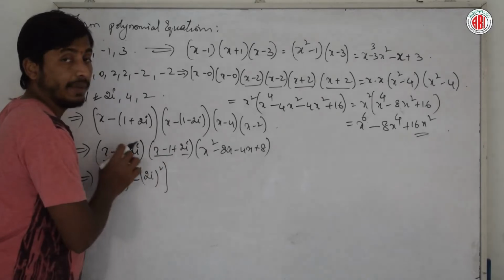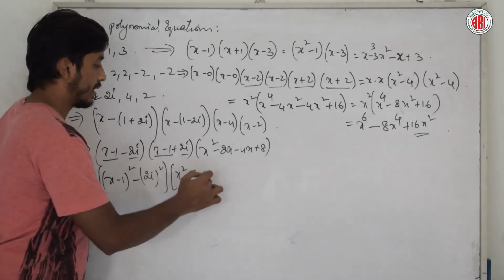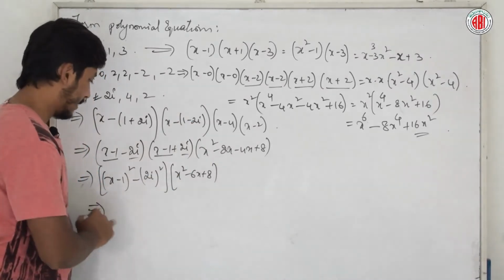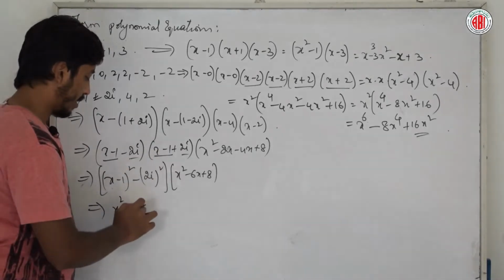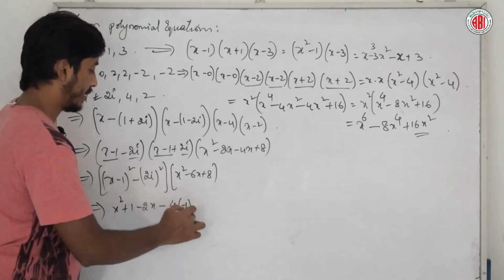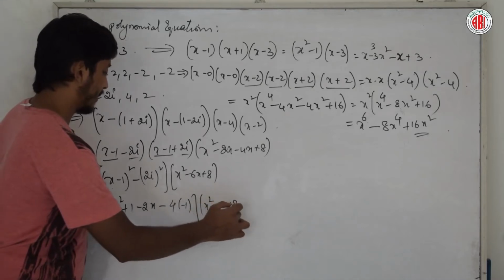Is it? A minus b into a plus b into x square minus 6x plus 8. Right? Next. A minus b whole square. A square plus 1 minus 2x, minus 2 square is 4. I square is minus 1. Here x square minus 6x plus 8.